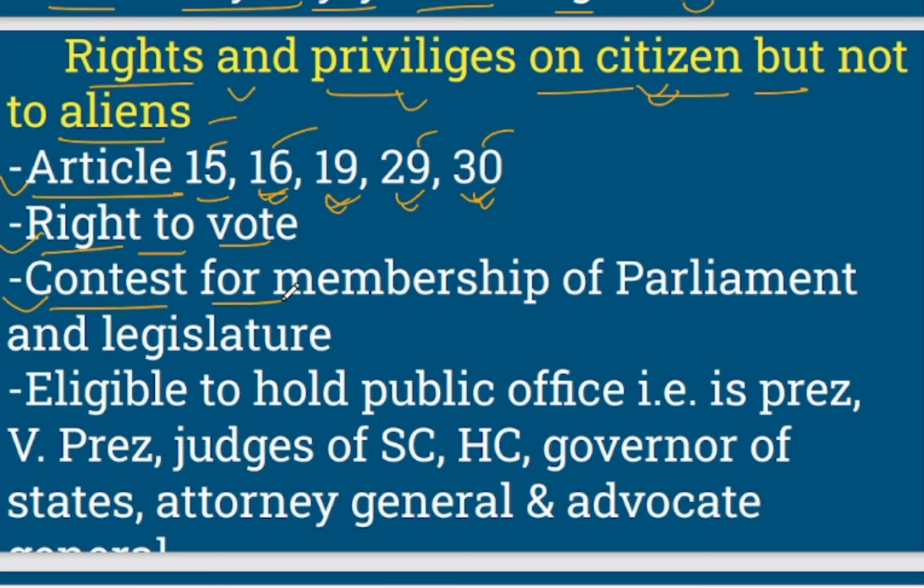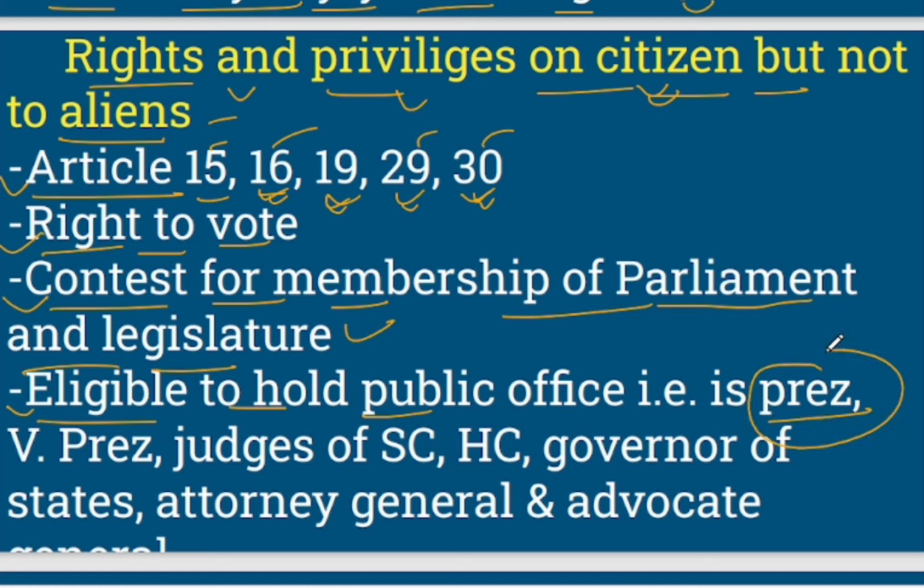Then contest for membership of parliament and legislature. Citizens of India can contest elections for these positions, right? Then citizens of our country are eligible to hold public office, that is president, then vice president, then judges of Supreme Court, judges of High Court, then governor of states, then attorney general and advocate general.